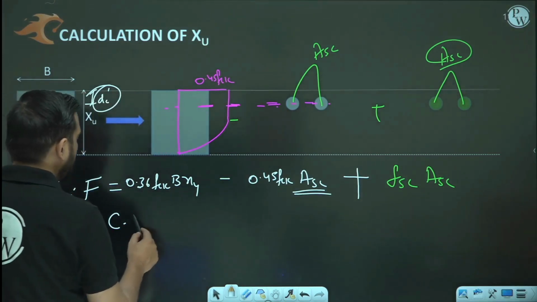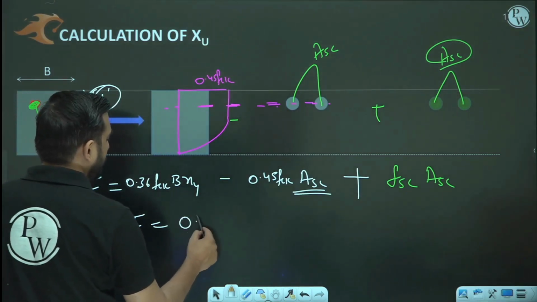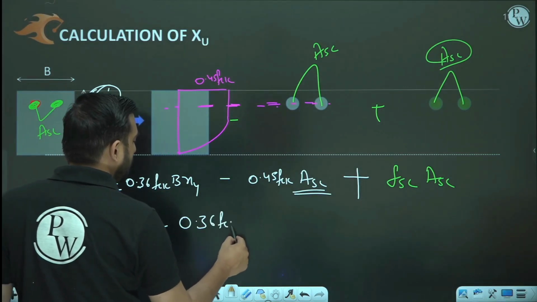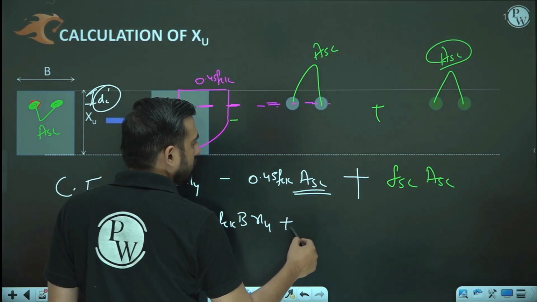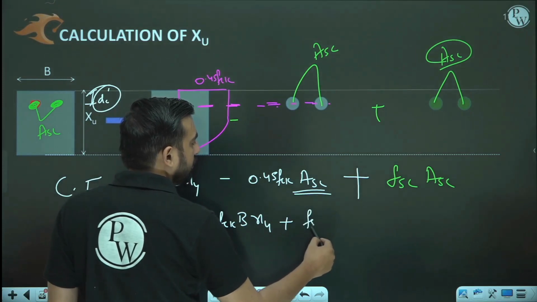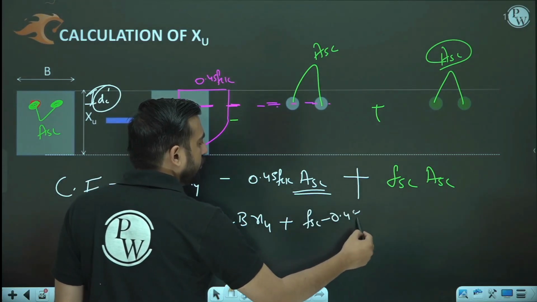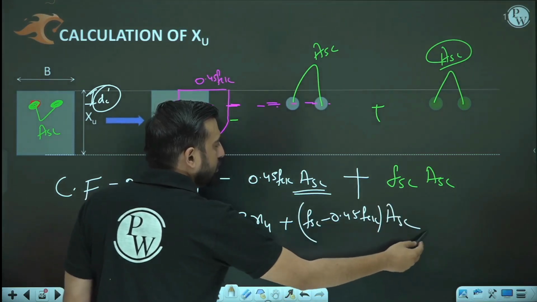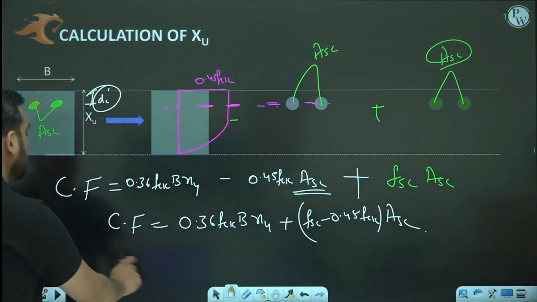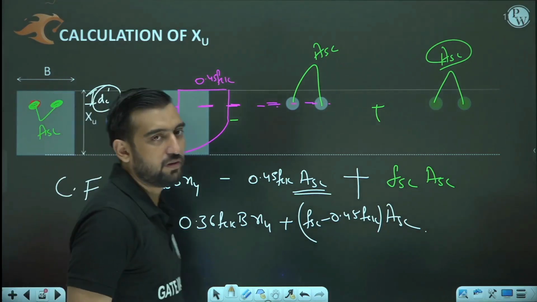The net compressive force is equal to 0.36 FCK B XU plus (FSC minus 0.45 FCK) into ASC. That's all. So this is the net compressive force.